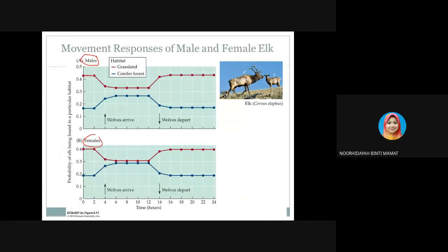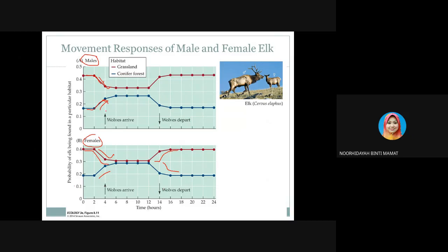Okay, so the red color is the habitat of grassland, but the blue color is the habitat of conifer forest. So when the wolves arrive, in both sexes, males and females, the elk will move into the forest, in both habitats. When the wolves depart, then they will move back to the habitat that has more food.